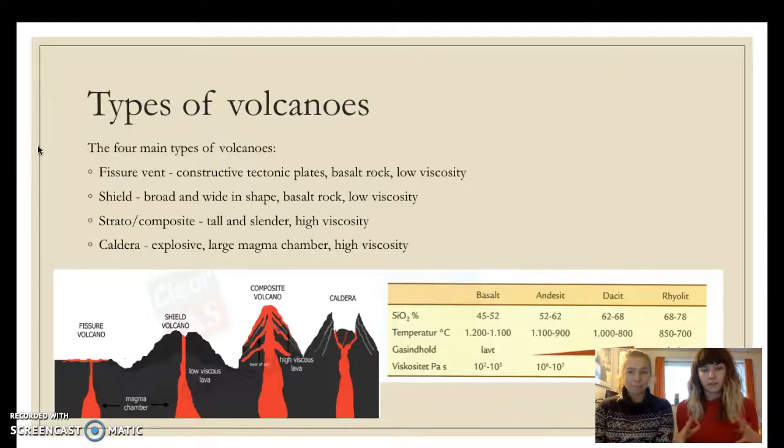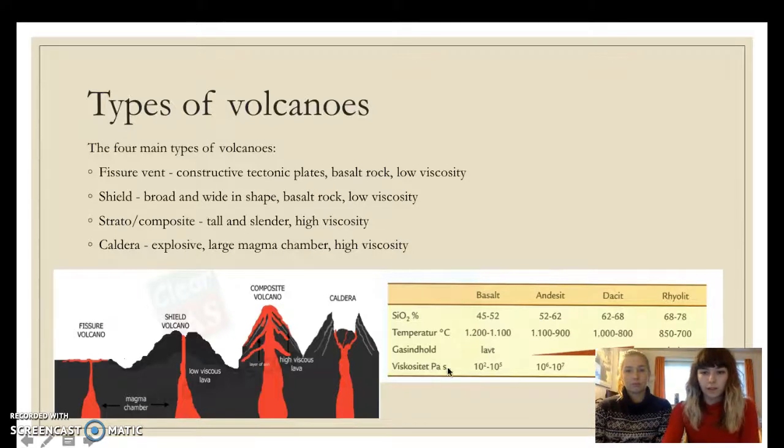It's not thin, so it doesn't run down. And then we have the caldera type of volcano, which is the explosive type, and it also has a high viscosity and a large magma chamber, and often there is very much pressure inside of the chamber.